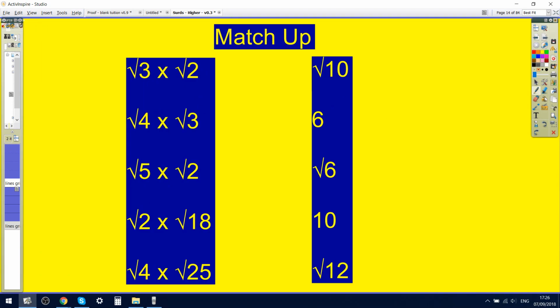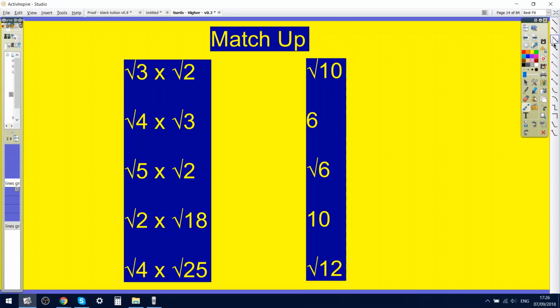Okay, match these up. The first one's just going to match the square root of 6. Well done. The next one's going to be square root of 12. Next one's going to be square root of 10.